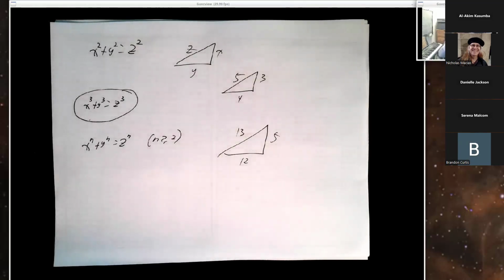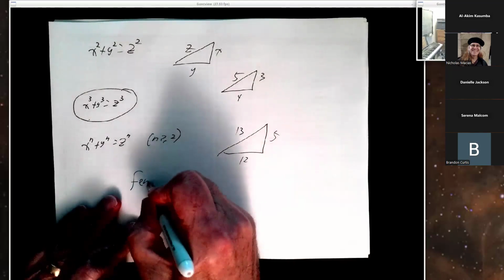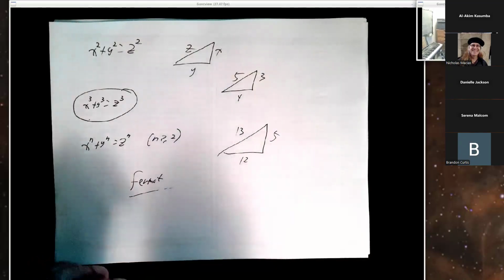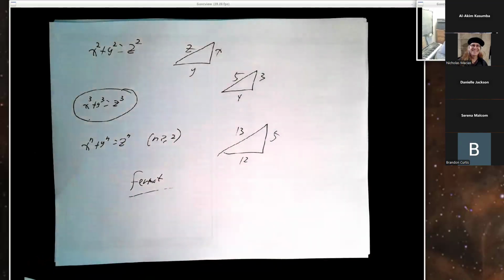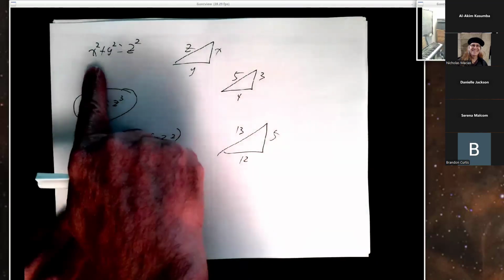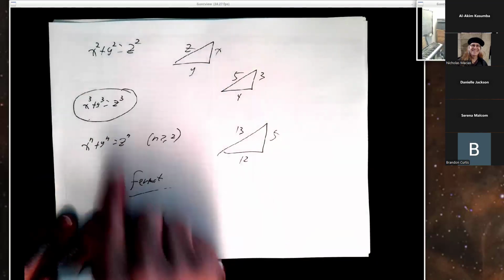So there was a mathematician named Pierre Fermat, and Fermat was reading a Greek text on these kinds of equations. They're called Diophantine equations. He's flipping through this book and he comes across the section that talks about this.